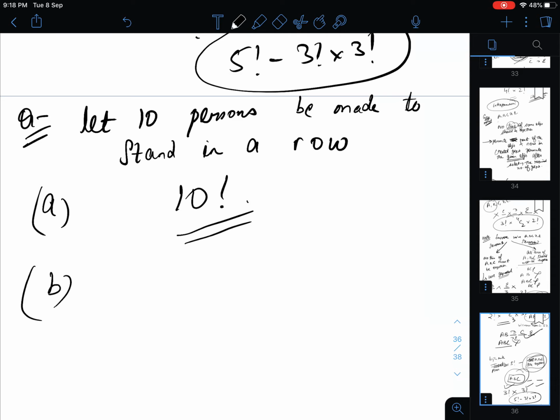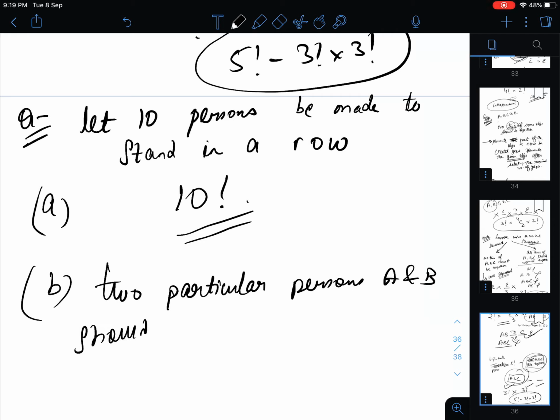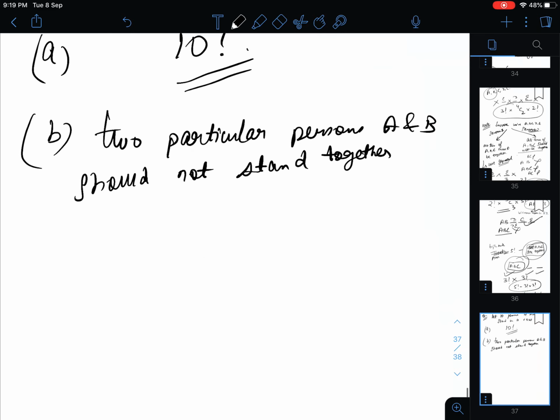Now suppose I say that two particular persons A and B should not stand together. Then by the gap method, first of all permute the remaining 8 people in 8 factorial ways.